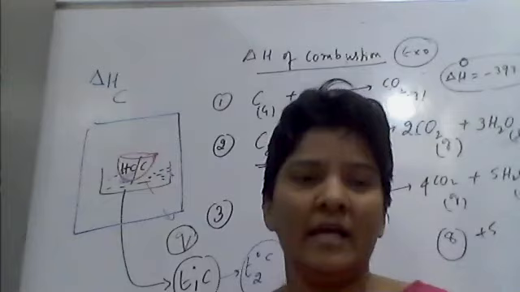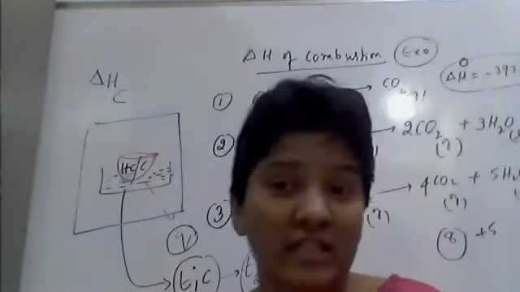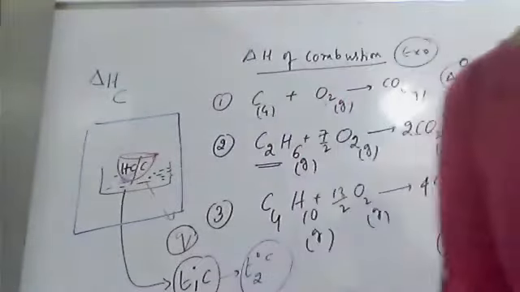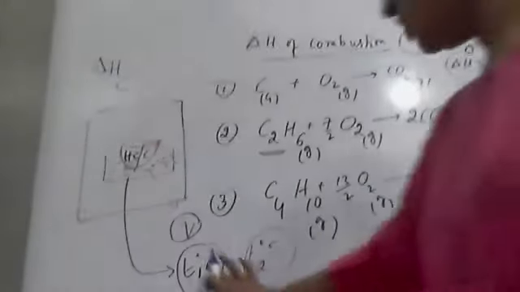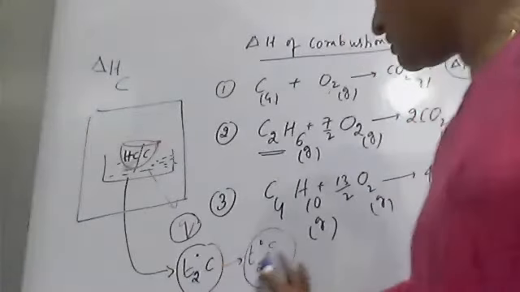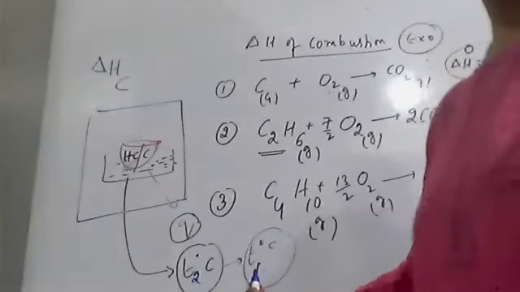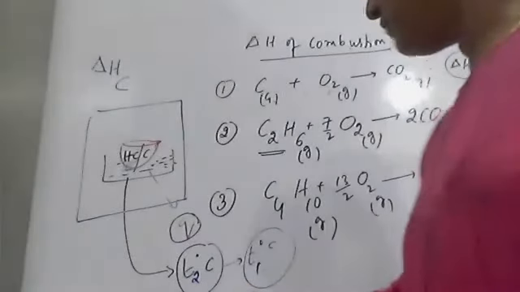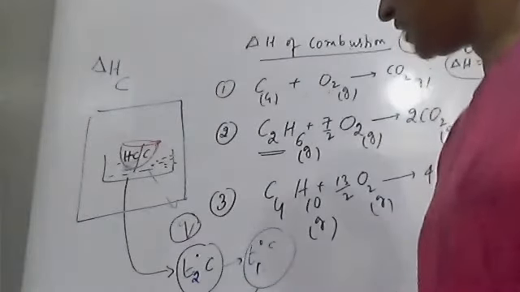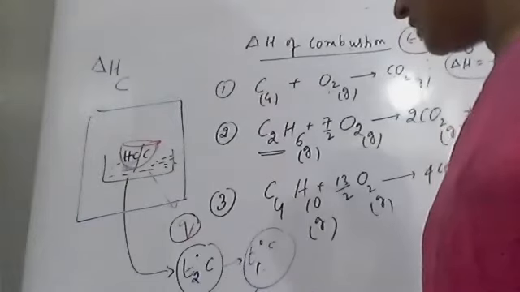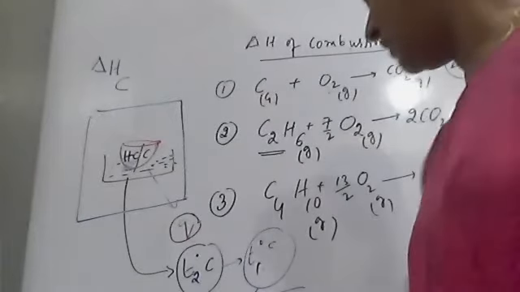It is given by theta. So the difference between the T2 temperature and T1: T2 is after combustion, T1 is before combustion. The difference between them is theta, the increase in temperature in degrees Celsius.